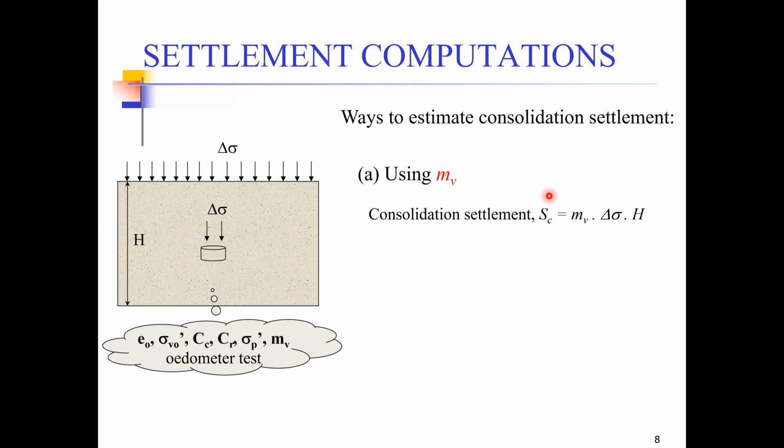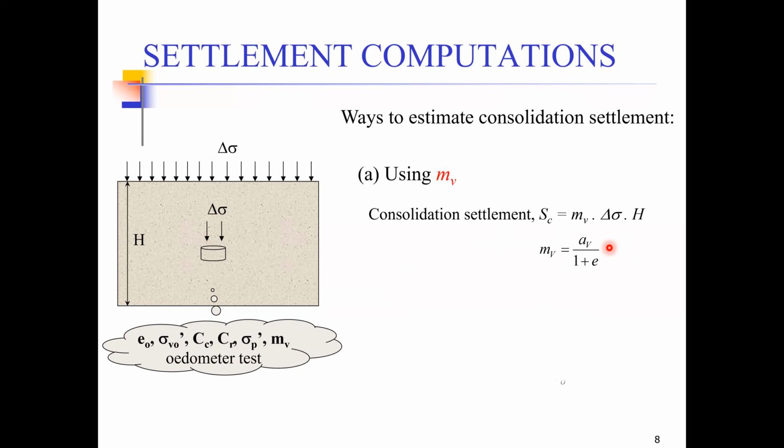This equation goes: consolidation settlement equals MV times delta sigma times H naught. Delta sigma is the additional load that we are applying, and H naught is the initial height of the soil layer. And we know MV equals AV over 1 plus E naught. This is something that we have discussed in one of our earlier lectures.